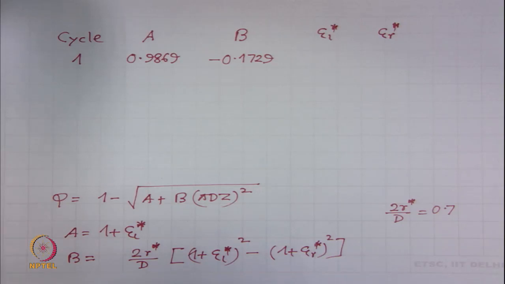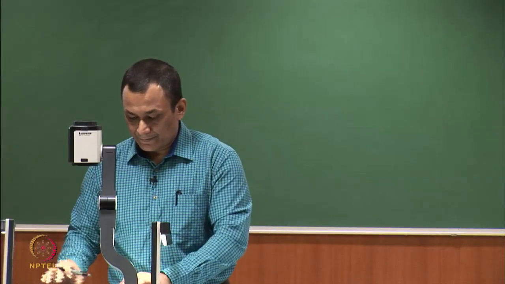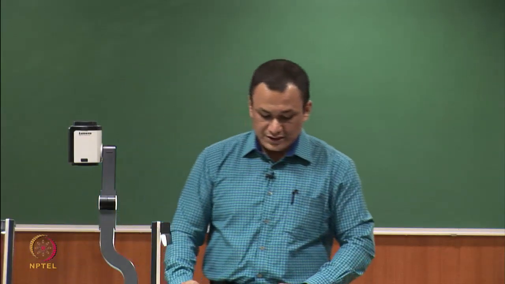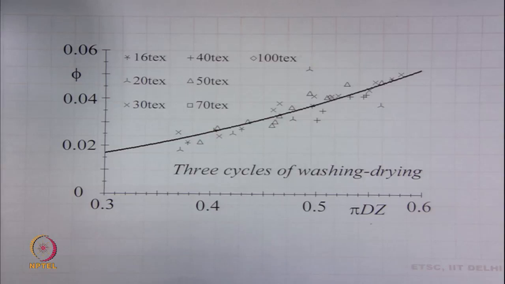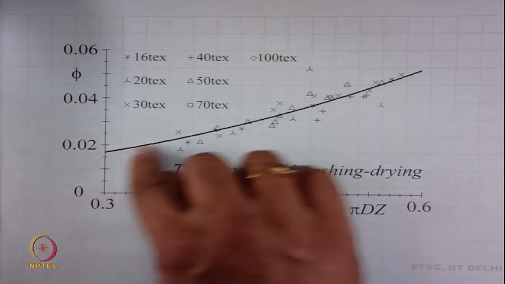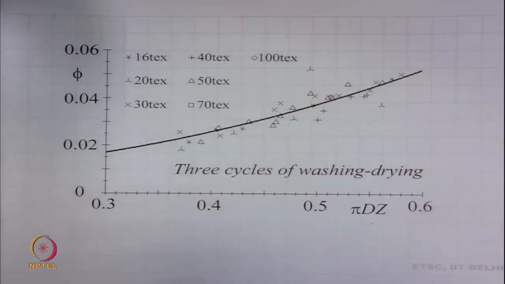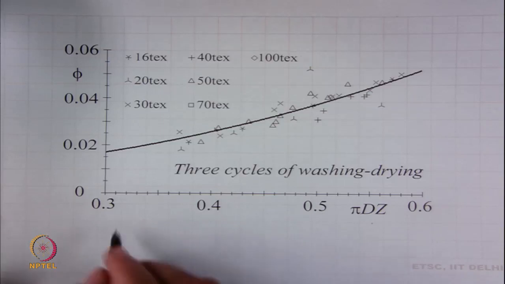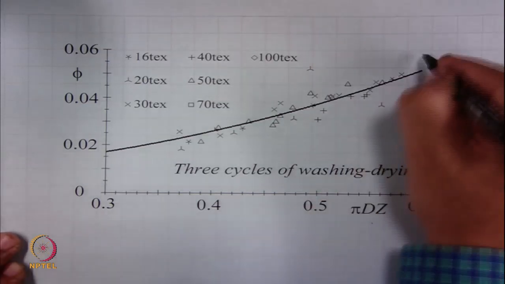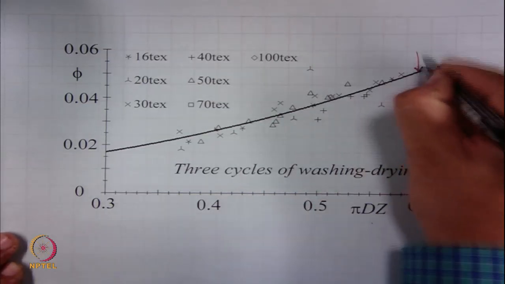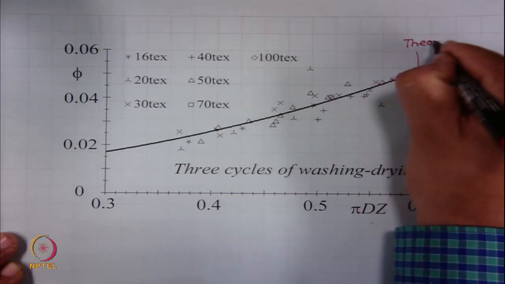Then we carried out for third cycle. So, this is the result for third cycle of washing and drying. What we see, as compared to the previous one, it is little increasing. Similarly, this thick line comes from theory.